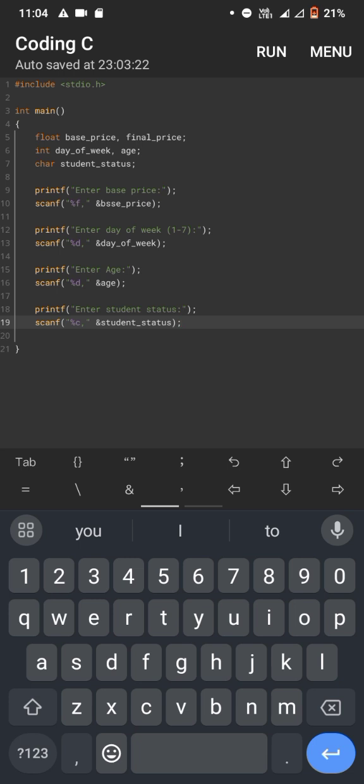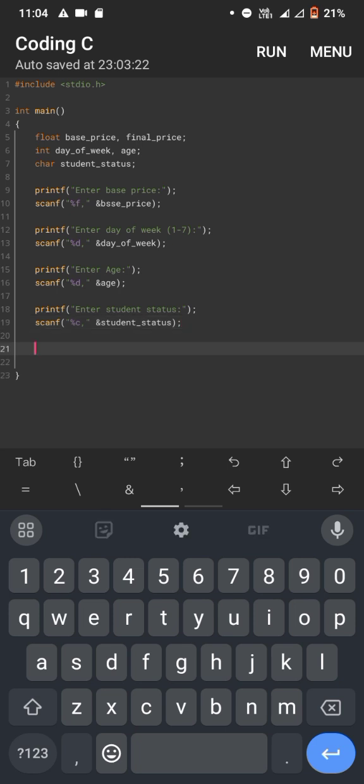Day of week: the user is asked to enter the day of week, an integer from 1 to 7 or Monday to Sunday, where 1 represents Monday and 7 represents Sunday. Age: the user is asked to enter their age, an integer. Student status: the user is asked whether they are a student, input a capital Y or capital N, a character.